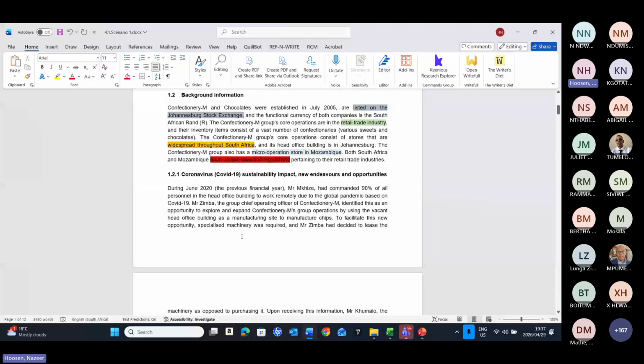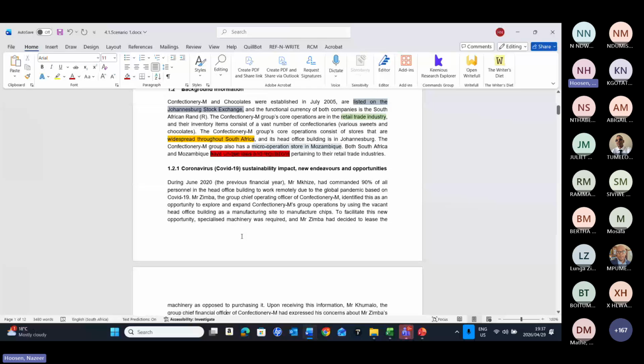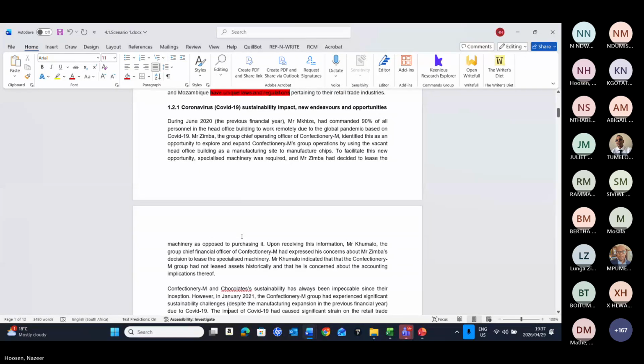During June 2020, the previous financial year, Mr. Mkhize had commanded 90% of all personnel in the head office building to work remotely due to the global pandemic based on COVID-19. Then the chief operating officer identified this as an opportunity to explore and expand the group's operations, hence utilized vacant head office land to manufacture alternate products.